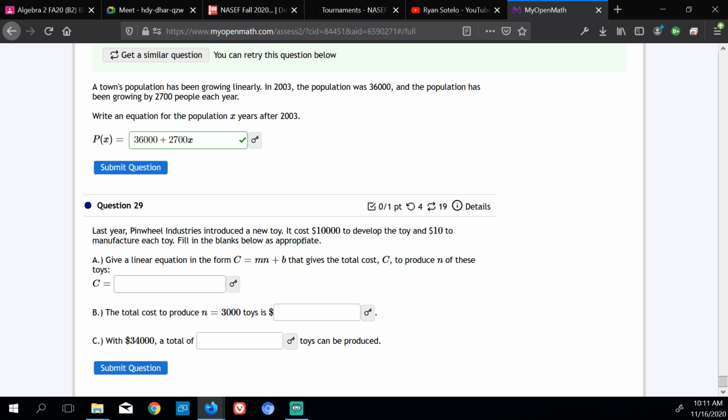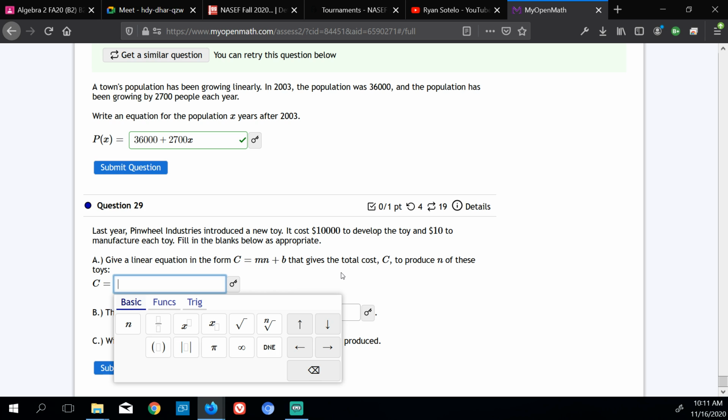So how much they spent to produce so many toys would be, n is our variable this time instead of x, but we need an initial cost and then the rate times n. So what should I put as my initial cost? 10,000. And then what's my rate? $10. Yeah, times n. That should be what they want.